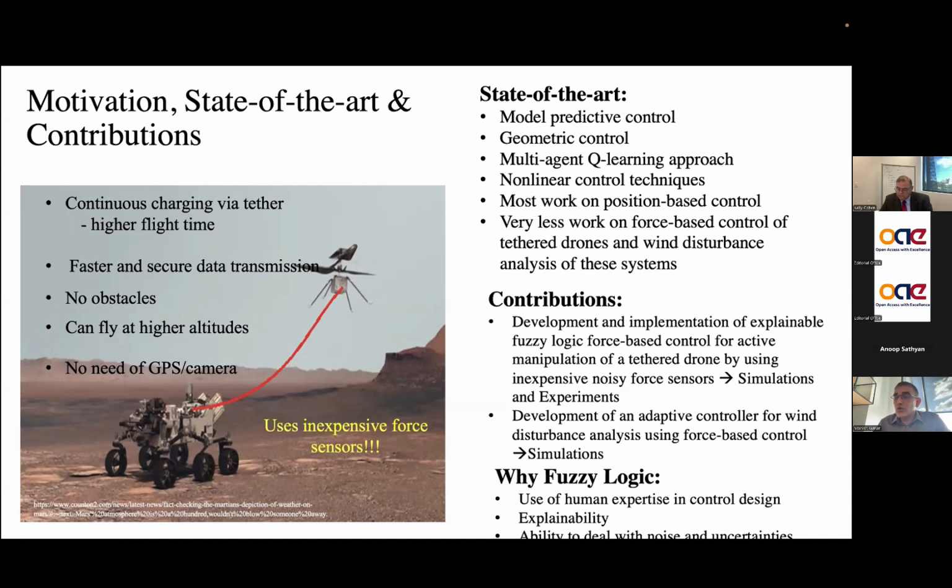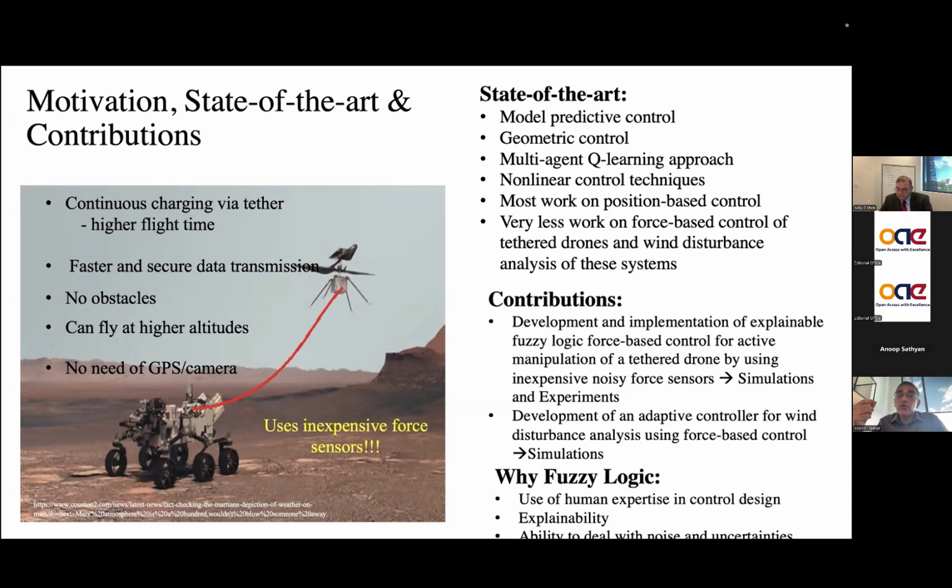So the drone controller needed to be compliant in nature, so that if it is pulled, instead of resisting, you comply with the force. So the idea is that as the rover moves, the drone follows using the tether force. So we are using a force torque sensor, and in this setup, since you're using a force torque sensor, you do not really need to have any positional feedback.